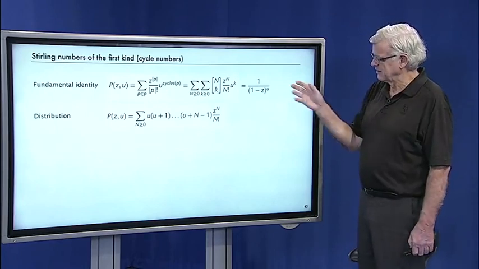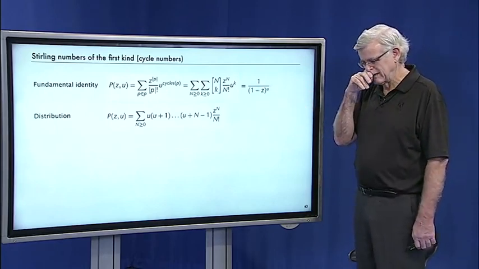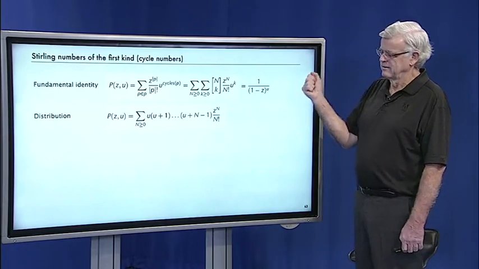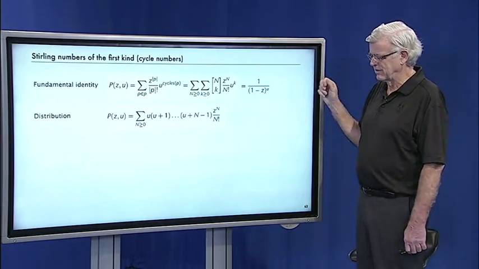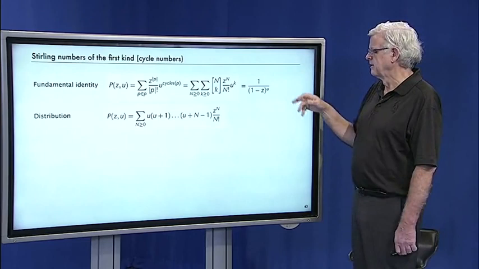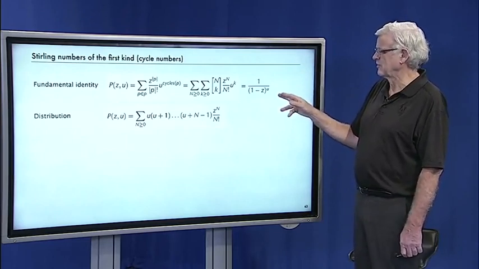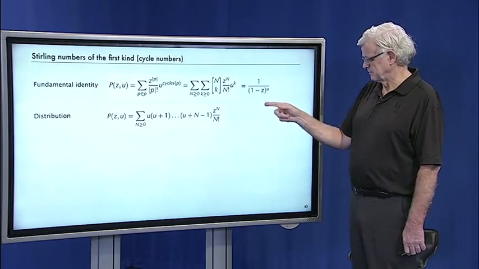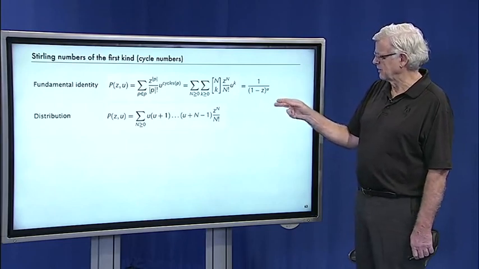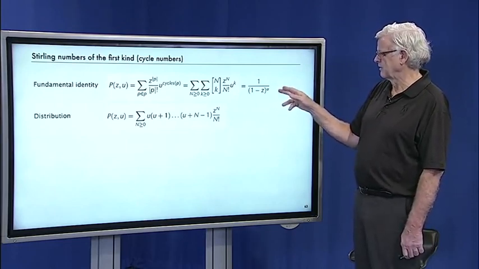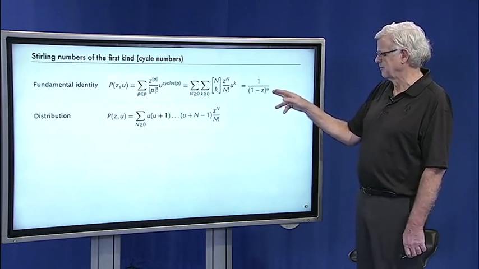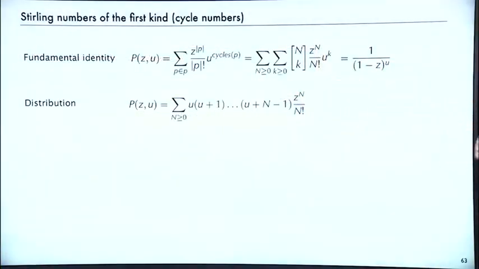For example, the distribution, for a given n, of the number of cycles is the coefficient of z to the n over n factorial, which if you use Taylor's theorem to expand this, you get u times u plus 1, up to u plus n minus 1, and so forth.